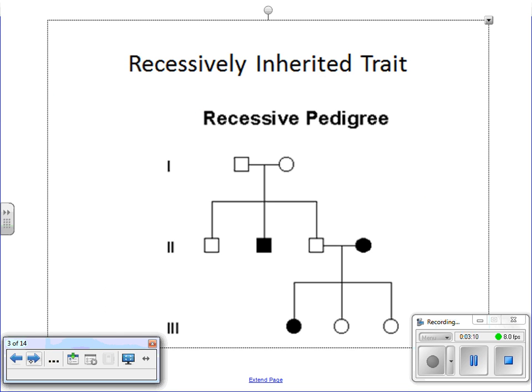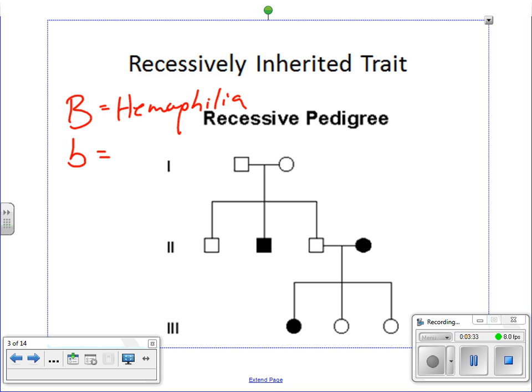The next one, again, is recessively inherited traits. That can be anything from Tay-Sachs to hemophilia, things like that. If we want to use B for an example, let's say B is hemophilia, and the little b is normal.